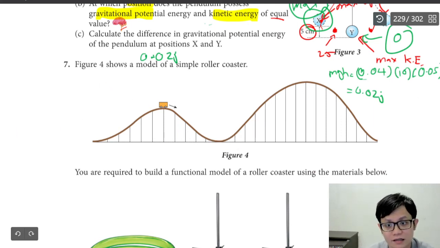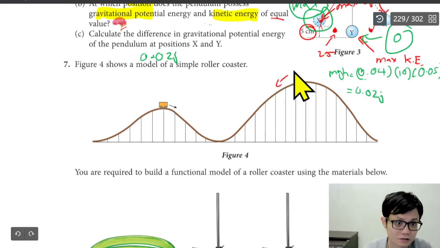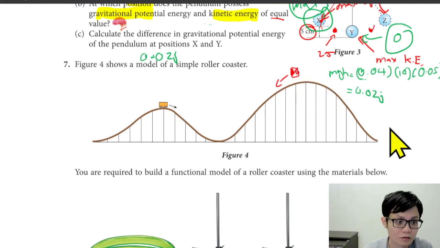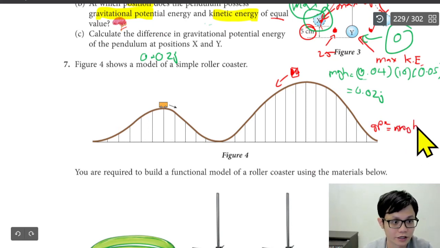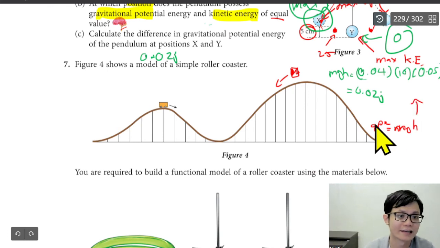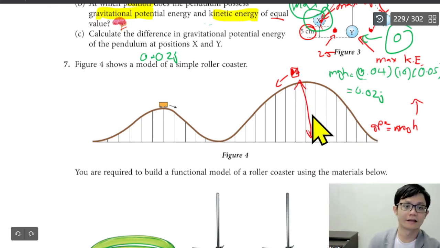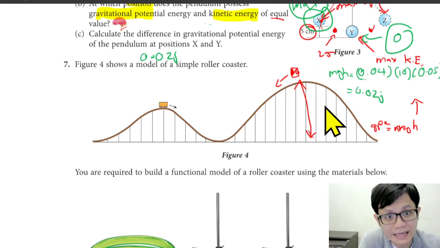You're supposed to put the car coming from a high place, because the higher you go, GPE equals mgh. If your h is higher, the height is higher, so more energy. So you want to make it as high as possible.